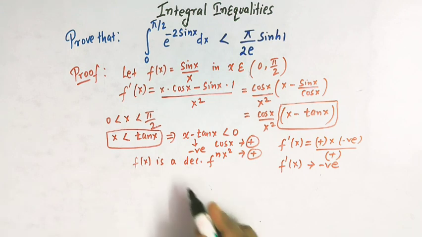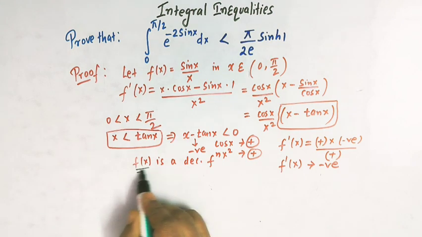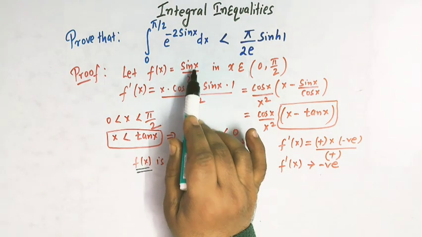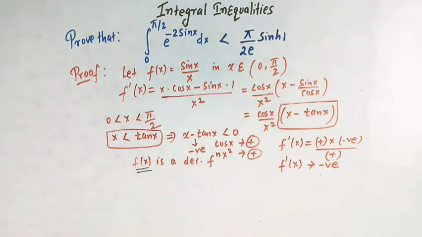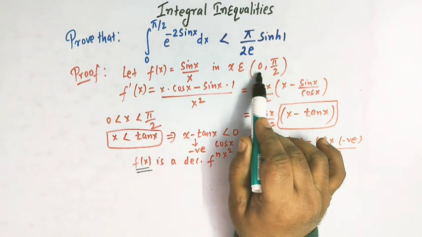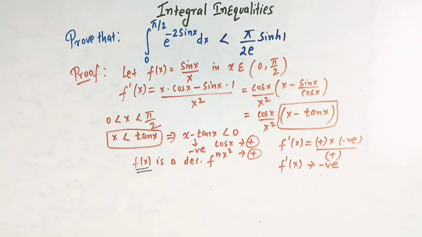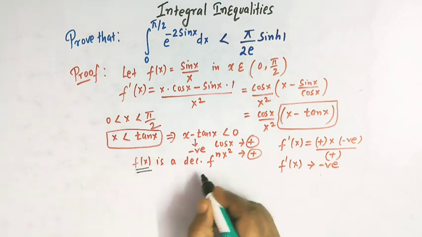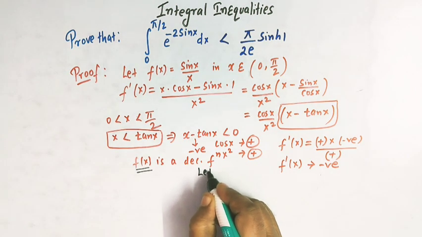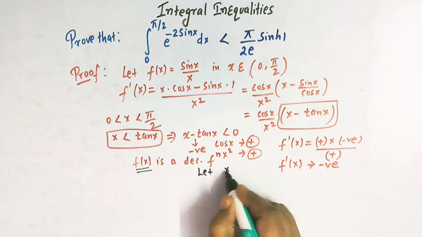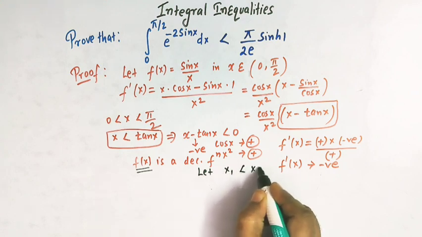So we have established that f of x, given by sine x over x, is a decreasing function in the interval 0 to pi by 2, right? Now we'll use another definition of decreasing function. The definition goes like this: let x1 be less than x2.